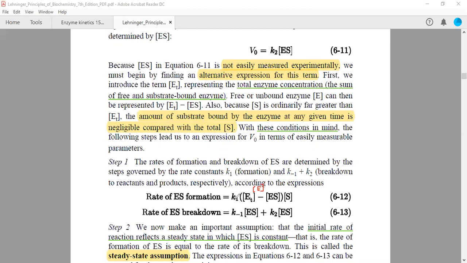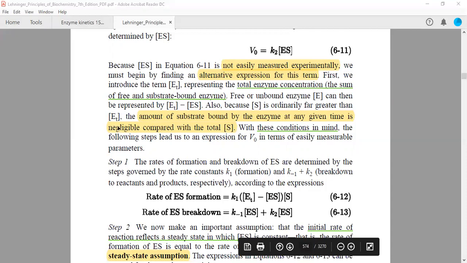We need a rate constant, so K1 will be the rate constant, because step 1, the formation, is governed only by K1, whereas the breakdown has a combination of K minus 1 and K2. If you are not able to understand, please stop me here and I will explain again. If you understand, this is very easy.